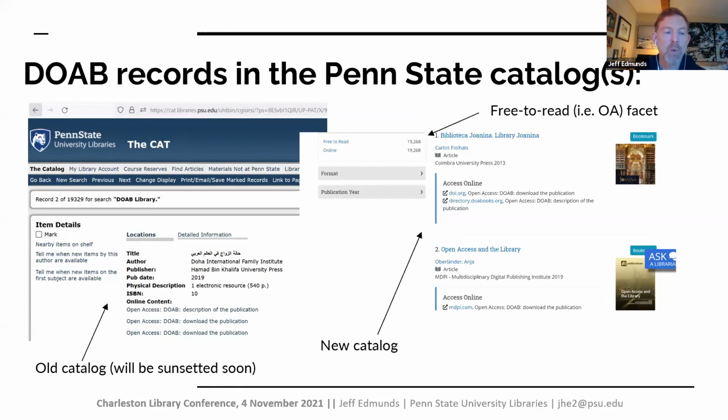What I wanted you to be aware of is, number one, the presence of the open access label on these materials so that users, when they find these results, can see immediately that these are open access items. The second thing I wanted to mention on the right side of the screen is we've implemented in our new catalog an open access facet. It's actually labeled as free to read.